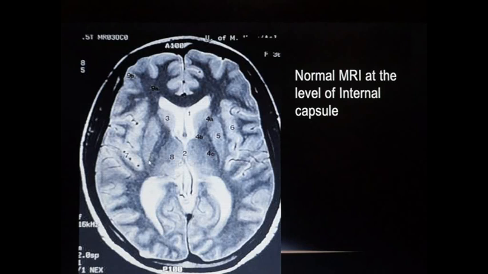And this, like the letter V, is the internal capsule showing the anterior limb, genu, posterior limb, and we can also appreciate the retrolentiform part going towards the occipital cortex, visual cortex, forming the optic radiation, and the sublentiform part going towards the temporal lobe, forming the auditory radiation. The white things are the cavities of the lateral ventricles, the anterior horn and posterior horn.